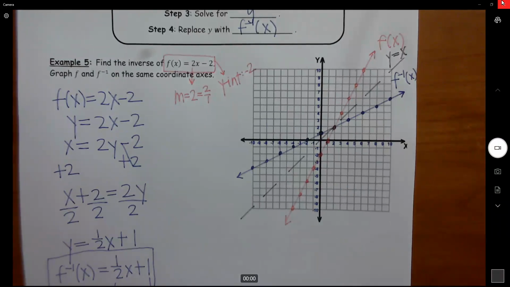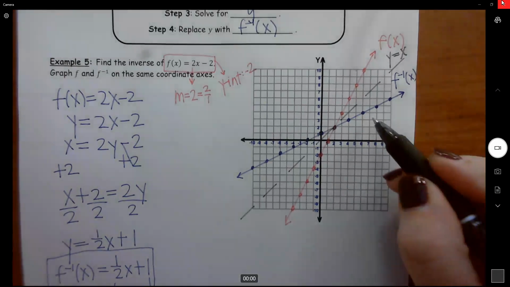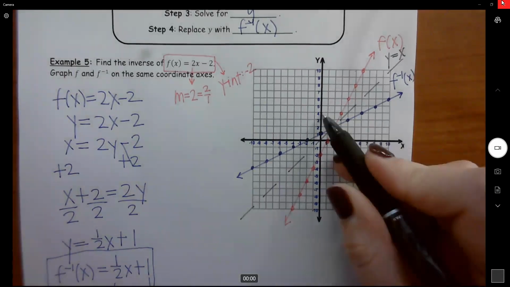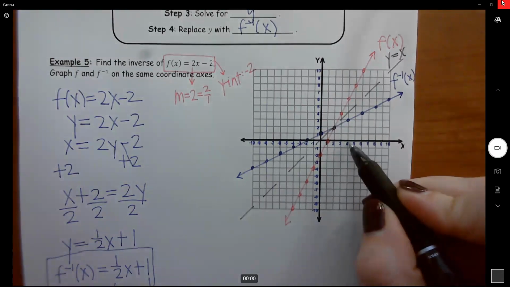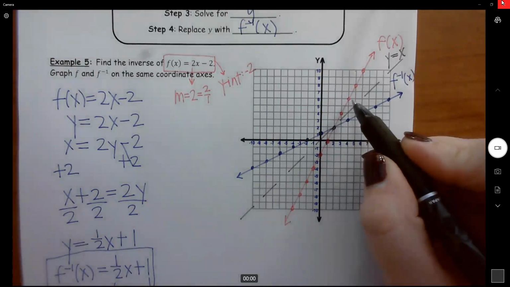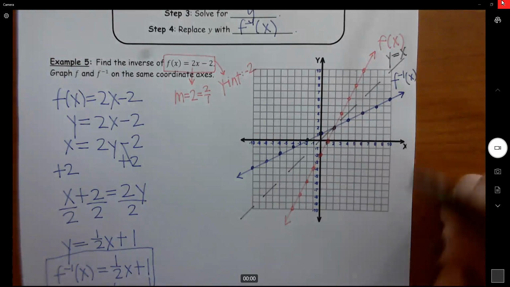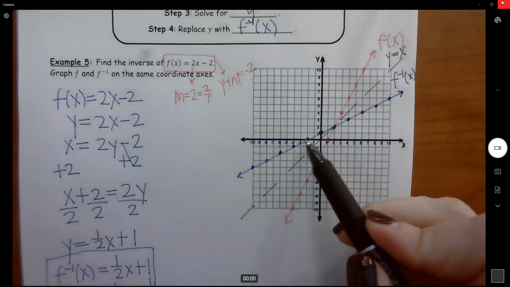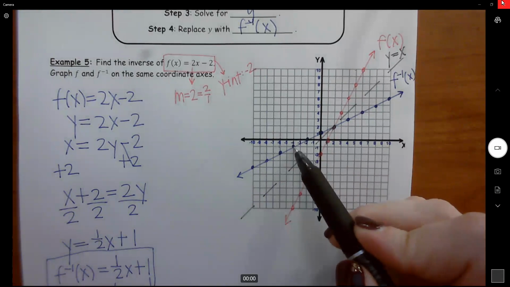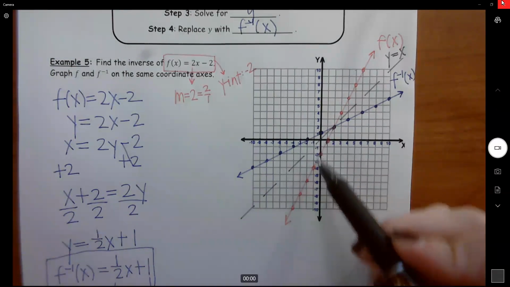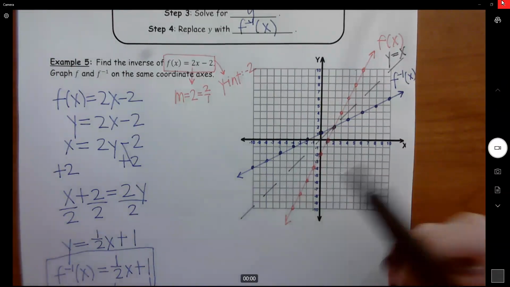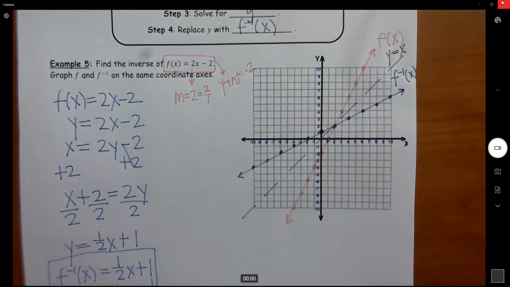And you can also look at the ordered pairs over here. This ordered pair is 6, 4, and then I have a pair at 4, 6 when I interchange those x and y. Over here, I have the ordered pair -4, -1, and then I have -1, -4. All those points have been interchanged perfectly.